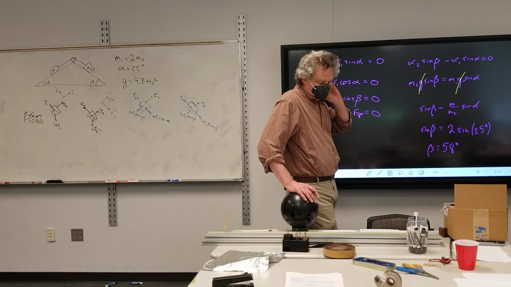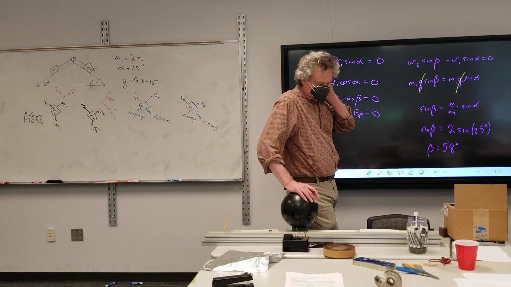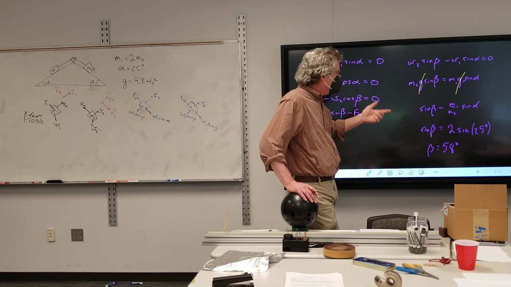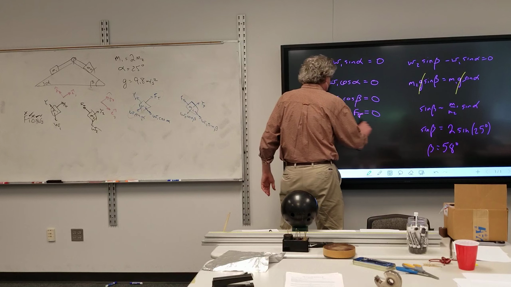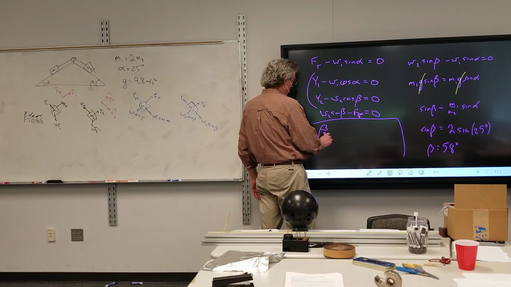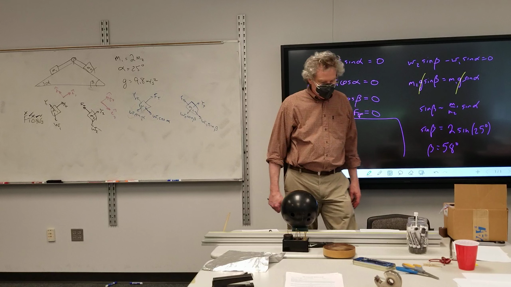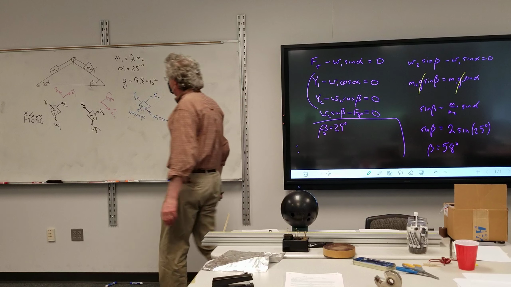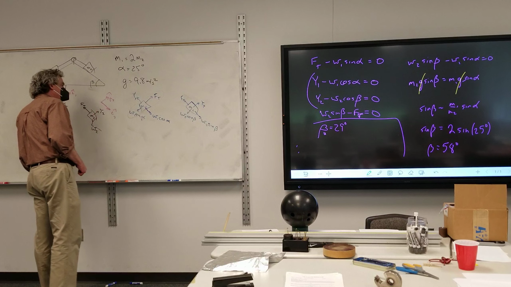All right, so now if we assume that they start at rest, if beta is cut in half, so for part B, beta is half of what we had before, so 29 degrees. What's the acceleration? Now we still have a frictionless system here.